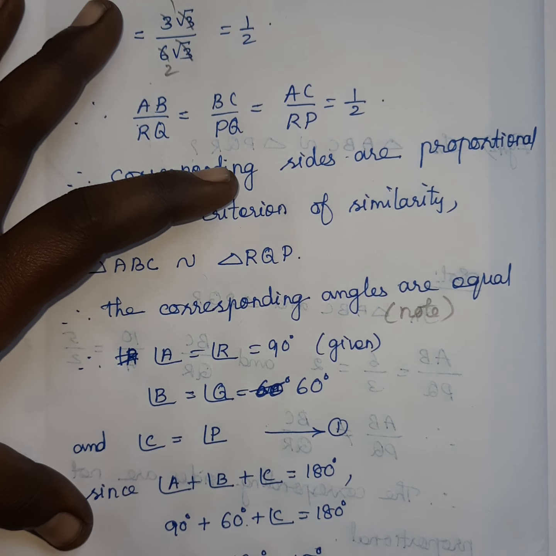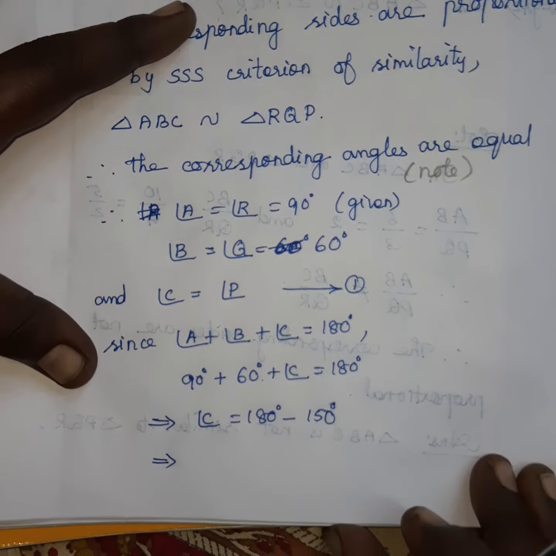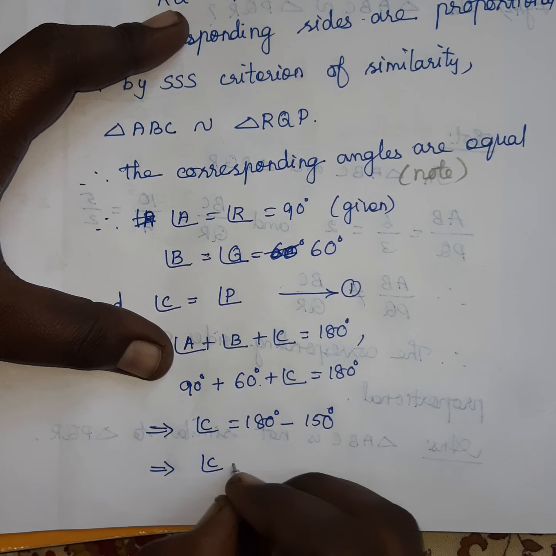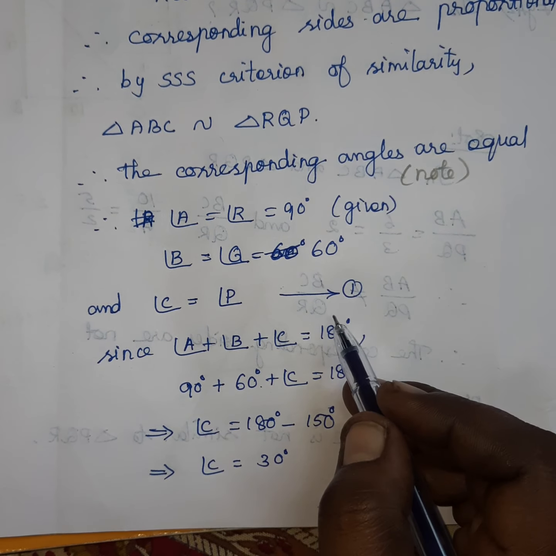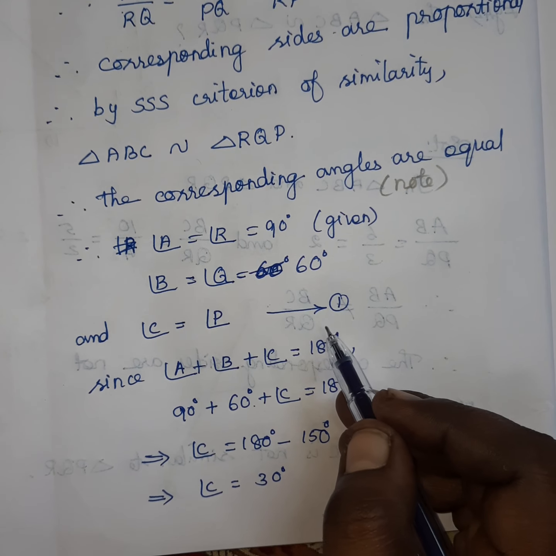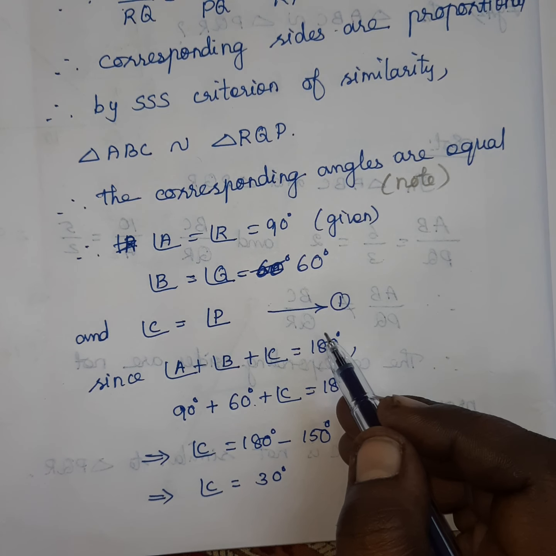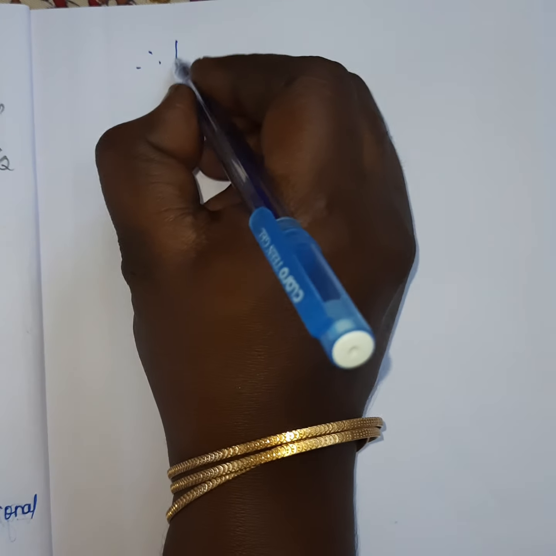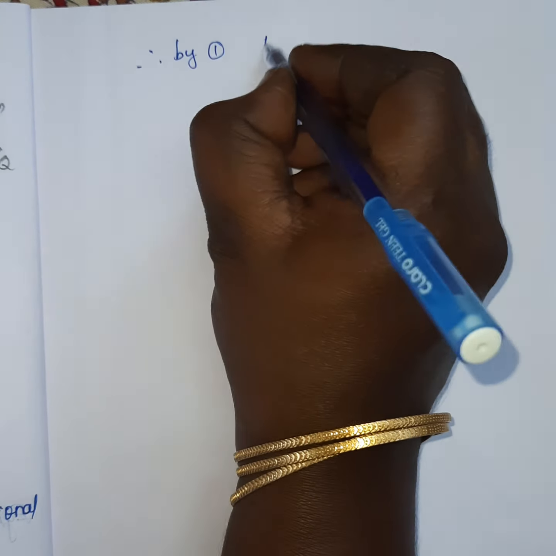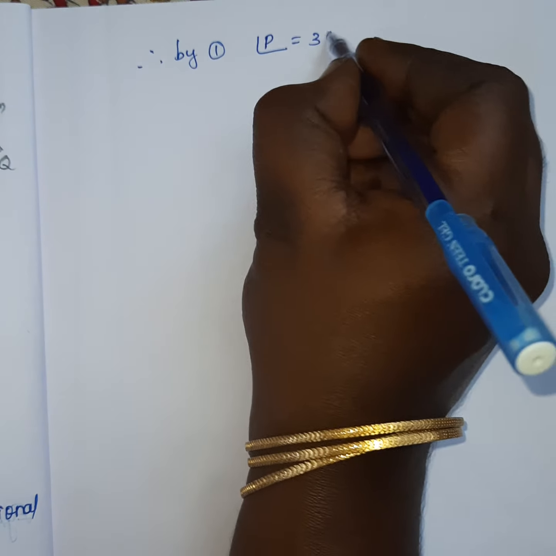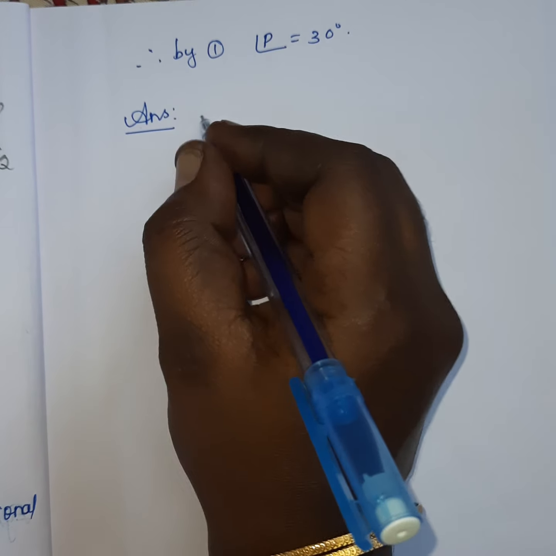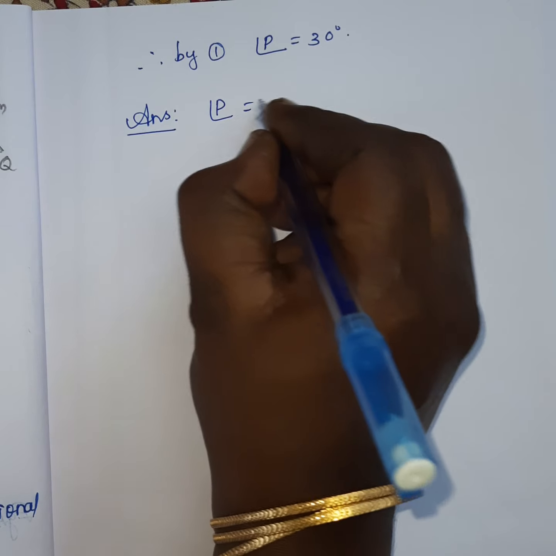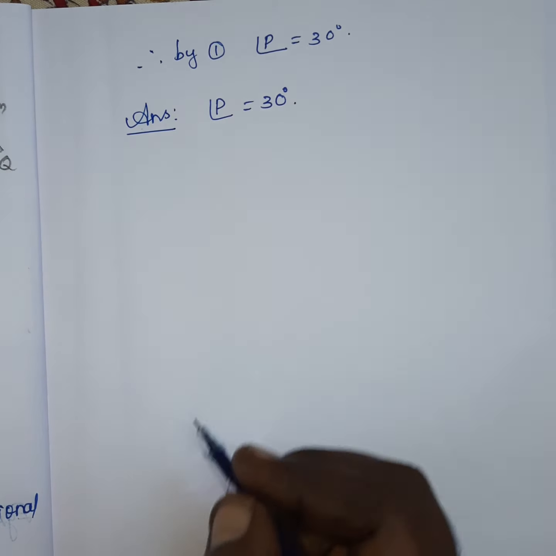What is the angle C value? Angle C is equal to 30 degree. So using the first equation we can write angle P is also equal to 30 degree. Therefore by 1, angle P is equal to 30 degree. So answer you can write, in the question they asked to find out angle P. So angle P is equal to 30 degree. Are you all clear?